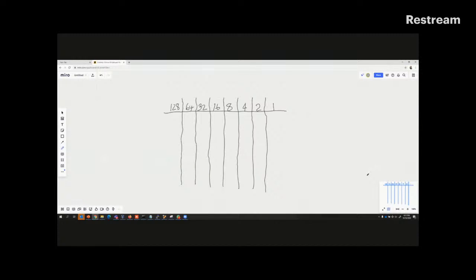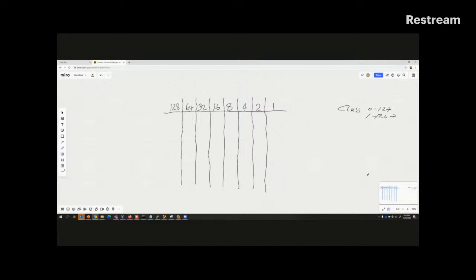So when I say to you that a class A address is from 0 to 127, and we know 0 and 127 are not used, so just say 1 to 126. What I really mean is the first octet.